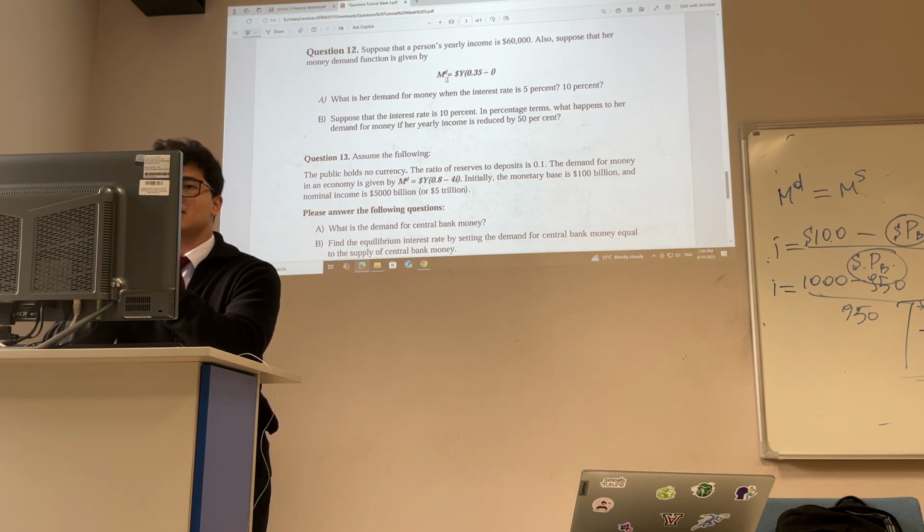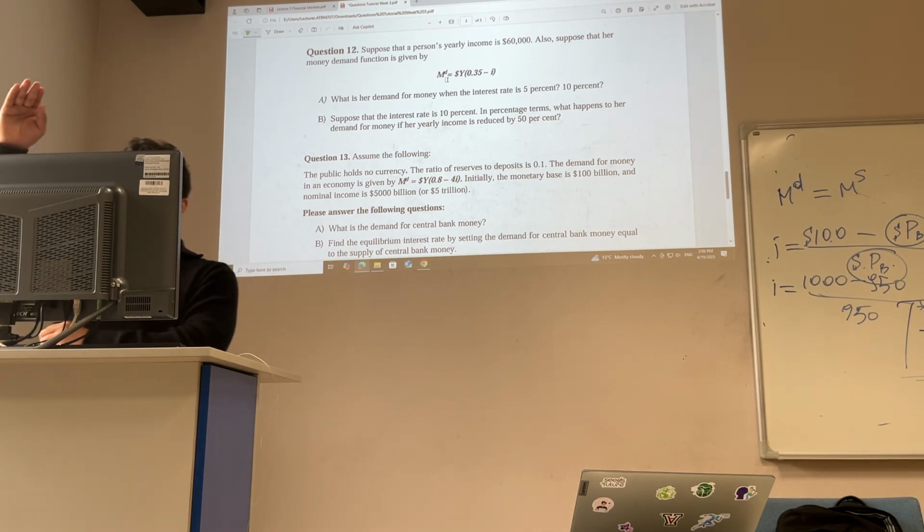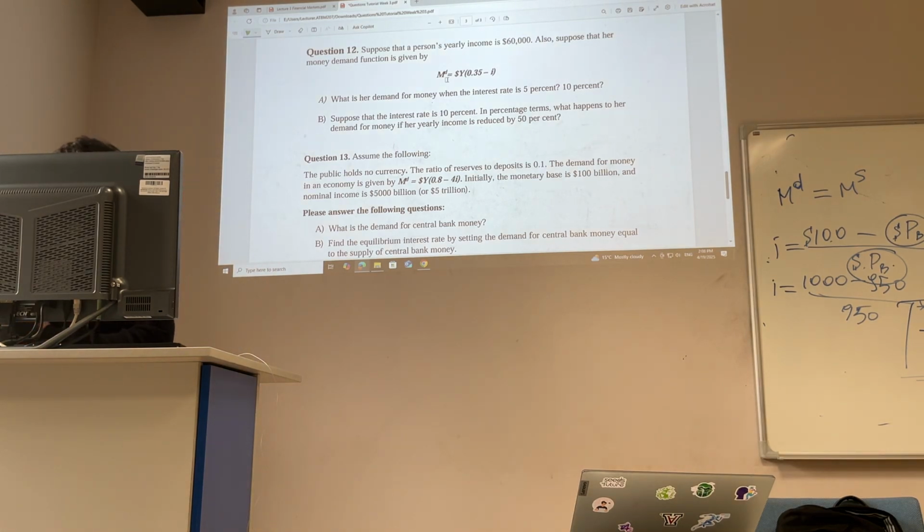That's it. Is it $7,500? Yes. In part A it was $15,000 when her income was 60,000. Now it decreased by 50%, and you can see that 15,000 also decreased by 50%. So 7,500.